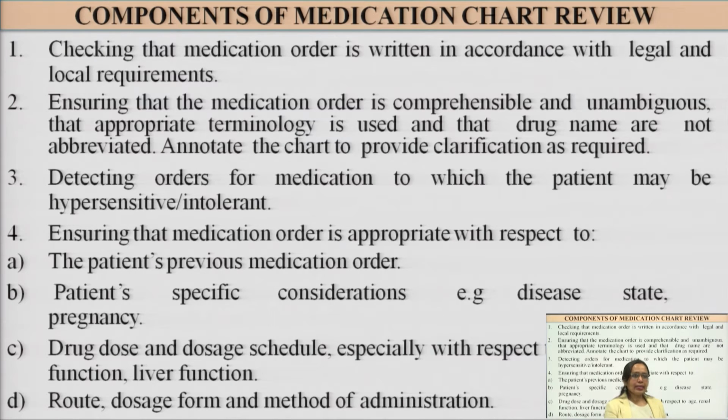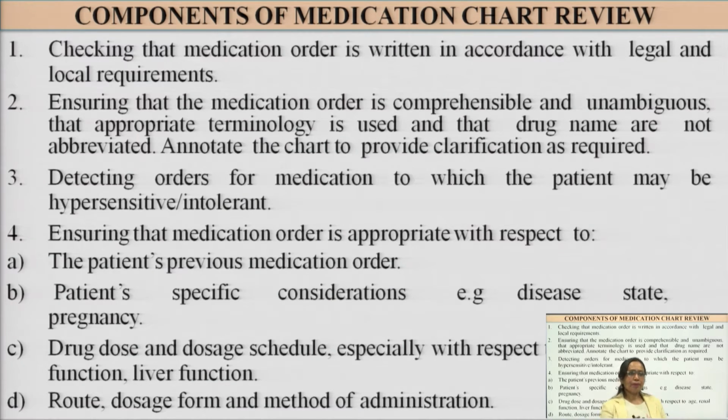Next is ensuring that the medication order is appropriate with respect to the patient's previous medication orders and the patient's specific considerations, for example, disease state and pregnancy. For any individual patient, we have to consider the specific case, whether there is any disease state, whether the patient has hepatotoxicity or renal toxicity.